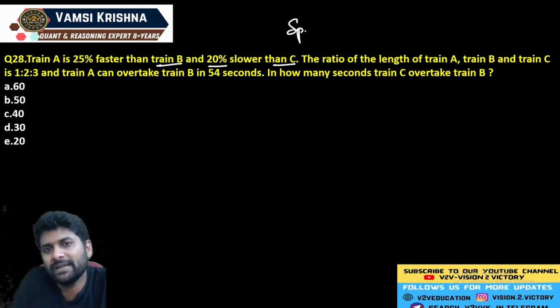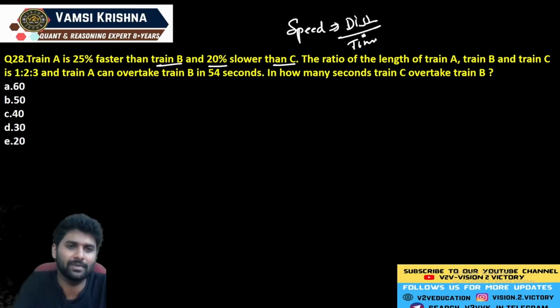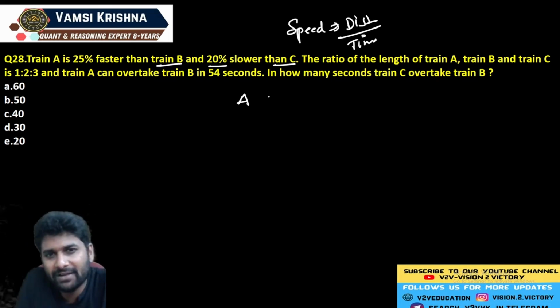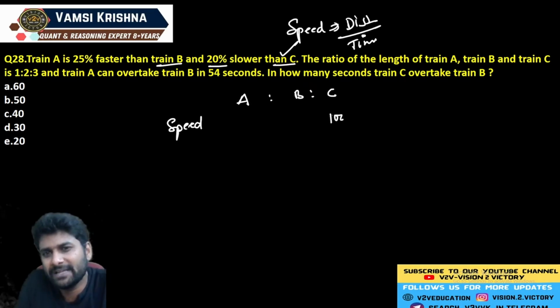Now you already know that speed is equal to distance by time. We need all this information. Guys, first see, we have 3 trains. Now we should identify the respective speeds here. So assuming that the speed of train C is equal to 100x.